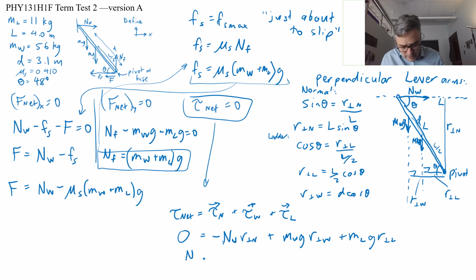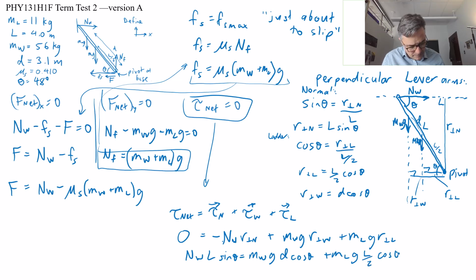You end up with NW times L sine theta is equal to MWG times R perpendicular of the woman, which is D cos theta, plus M ladder G L over 2 cos theta.